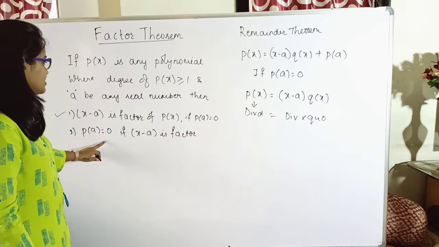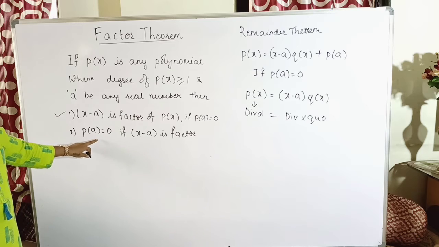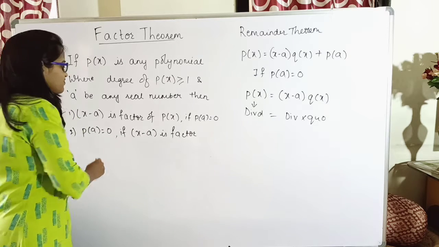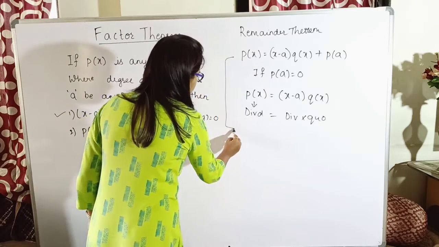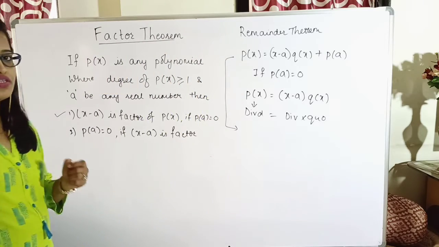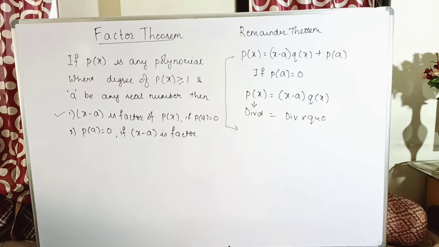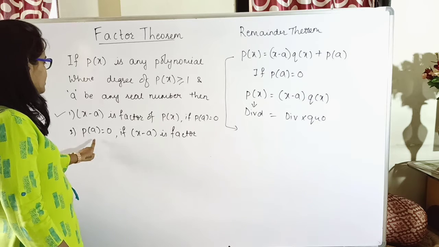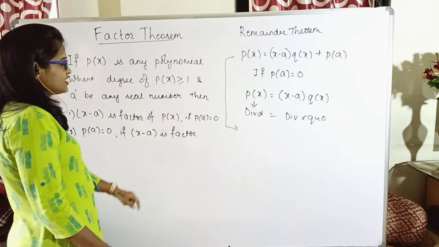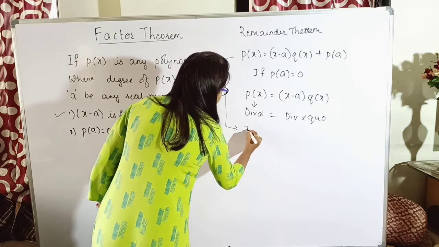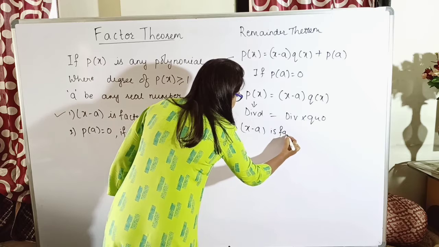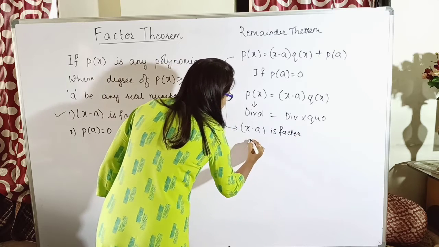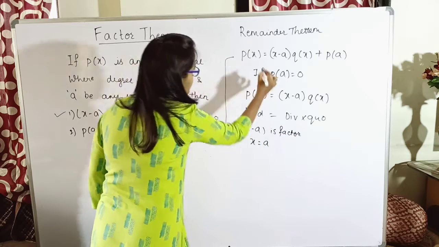Now let us see what is the second condition. It says p of a is 0 if x minus a is the factor. Now in second case, taking the same remainder theorem, because factor theorem is applicable with respect to remainder theorem itself. So taking the same remainder theorem, it says if x minus a is a factor. So if x minus a is the factor, let us put x equal to a in the equation.